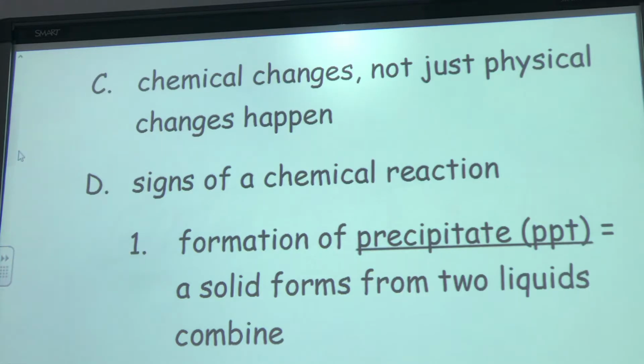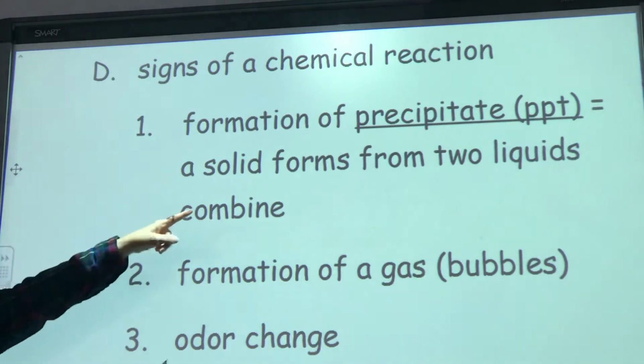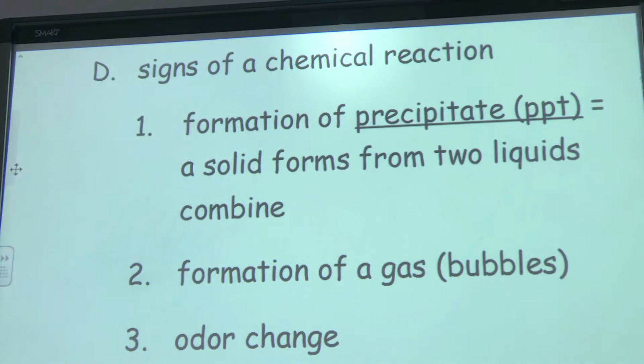All right, so how do we know when we have a chemical reaction? Well, there's some signs. Now, these are not always 100% perfect, but when you see these things, there's a pretty good chance that a chemical reaction has occurred. First one, the formation of something called a precipitate, and I will abbreviate precipitate with PPT hereafter.